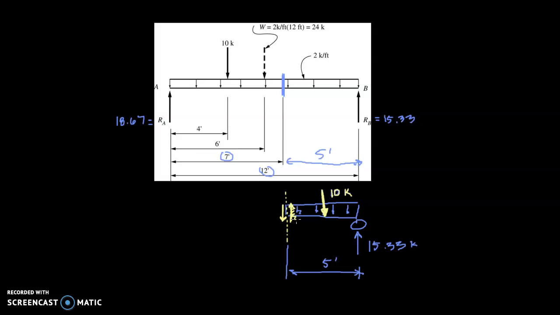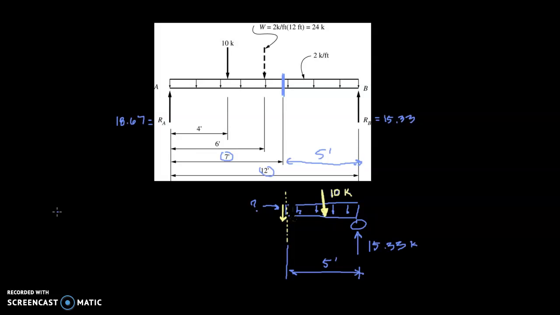Let's scribble that out. Forget I drew that one. What we want to know is what is this amount of shear that's going to cancel out all the forces here and leave this free body diagram in a state of static equilibrium.